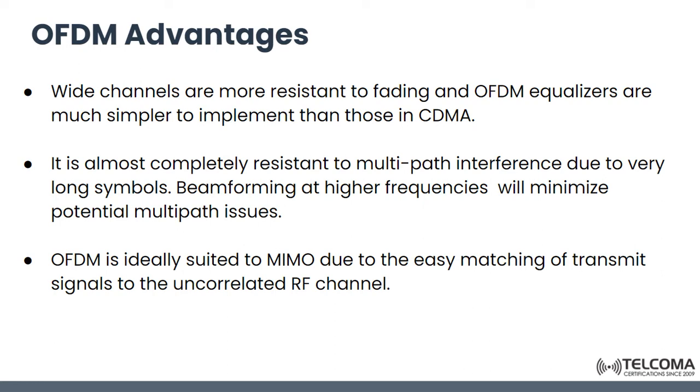It is also resistant to multipath interference. Due to the long symbols, beamforming at higher frequencies will minimize the multipath issues, and it is ideally suited to MIMO due to the easy matching of signals.